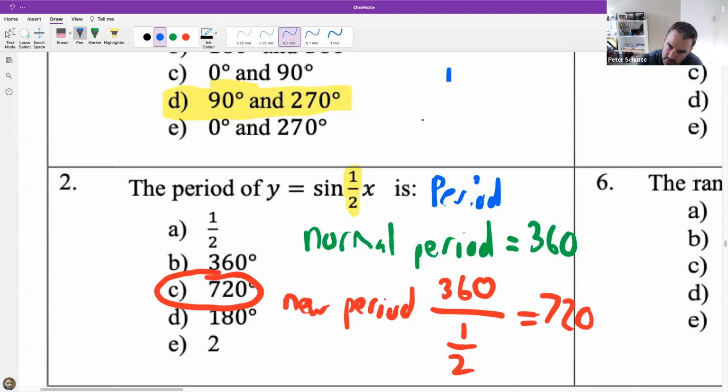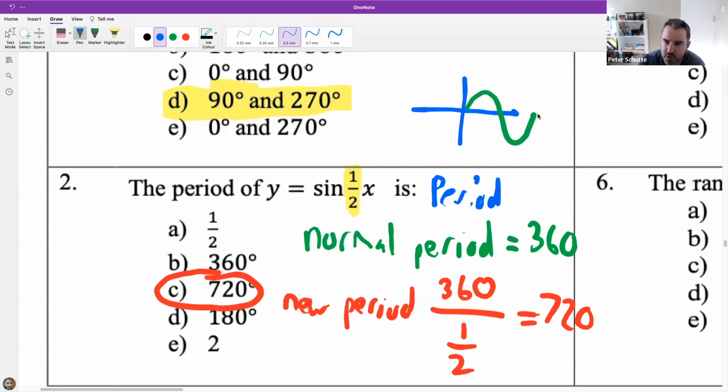And just to show you what this looks like, what that means is that for this sine graph, instead of it going, say for example, we're very used to 90, 180. Actually, that's going to take too long. But basically the normal sine graph will look like this.